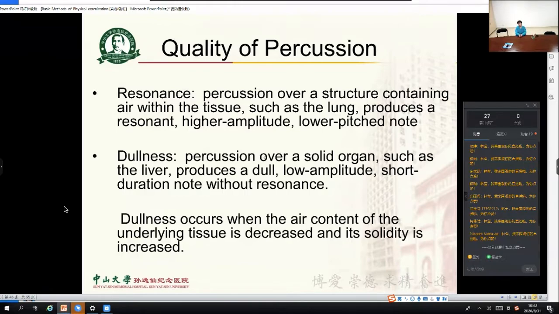This is what we call dullness. Dullness occurs when the air content of the underlying tissue is decreased and its solidity is increased. So shifting dullness is often a useful method for identifying ascites, to see if the patient has liquid accumulation in the abdomen.